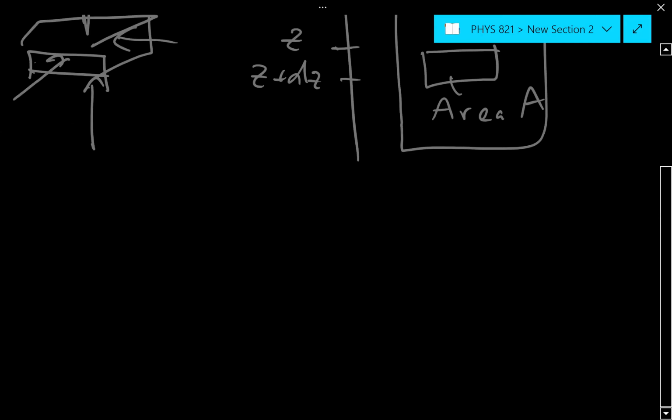And so the free body diagram for that slab is going to have a downward F sub G. We have a force from the pressure above, which instead of writing just as force, we're going to write as P times A. That's the force due to the fluid pushing down on it.